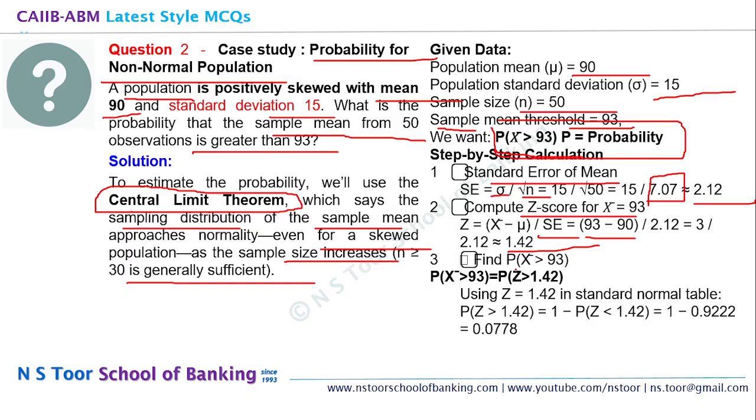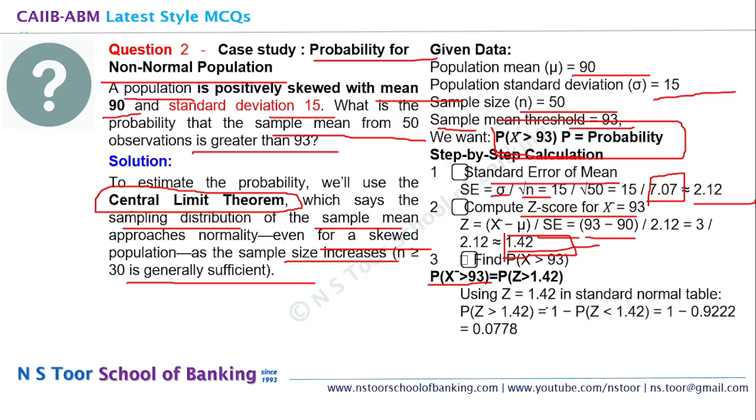Now we have to find our ultimate answer. What is the probability when X is greater than 93? So P of X greater than 93 is equal to P of z greater than 1.42. So when our z becomes greater than 1.42, ultimately our probability also goes above 93.